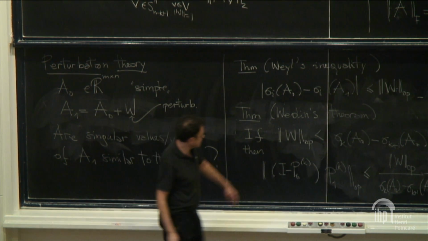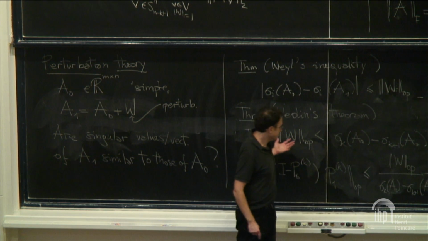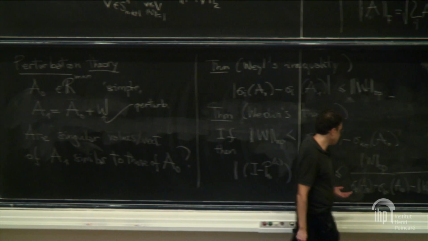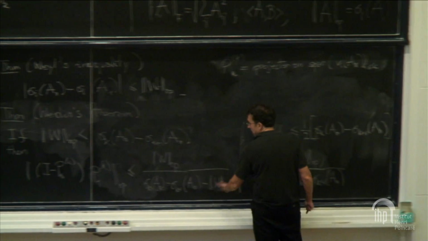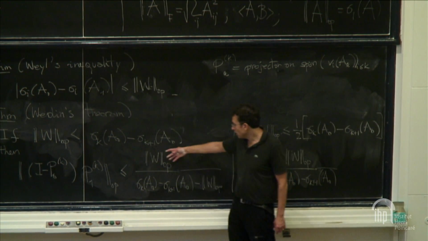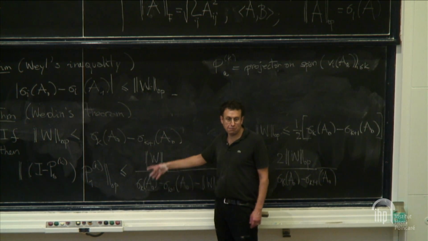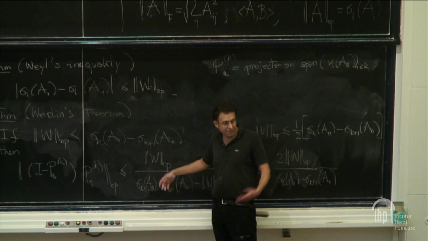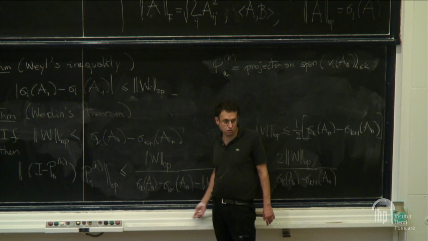So it's kind of clear that when the gap is zero, then you cannot tolerate any perturbation. And the other thing that is obvious is that what you get on the right-hand side here should depend only on the ratio of W and the gap, right? Because if W is 0, the singular spaces don't change, of course.